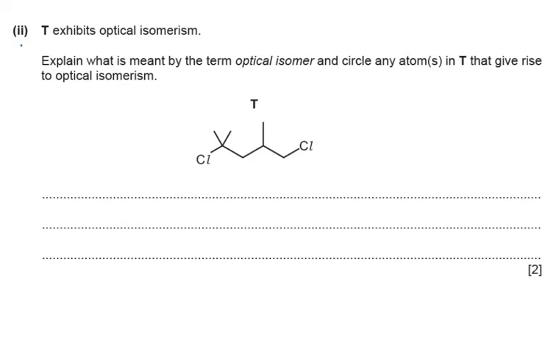The next sub-question of the same question says T exhibits optical isomerism, and T is given here. Explain what is meant by the term optical isomer and circle any atom or atoms in T that give rise to optical isomerism. Now what are optical isomers? They are the isomers, or you can say they are the compounds. I'm writing all these in short, but in the exam you need to write it in detail.